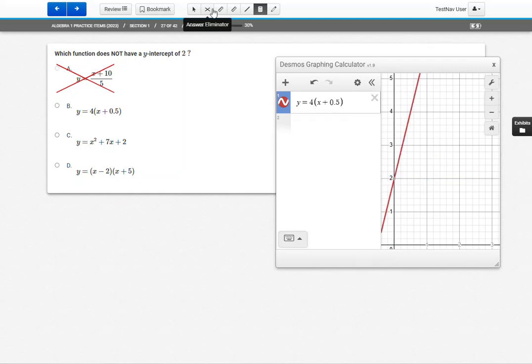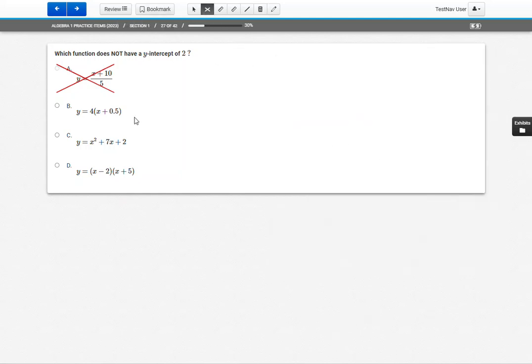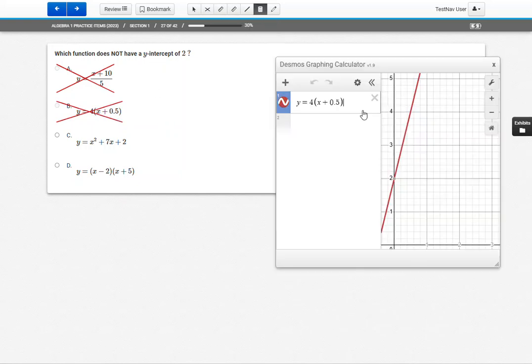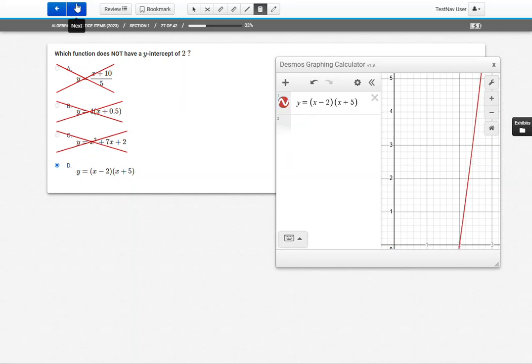This one also does, so I'll take that one off. This one also does, so it must be the last one, but since this is the SOL and I have all the time that I need, I will definitely make sure to check. Yep, this one doesn't have a y-intercept of 2, so it's that one.